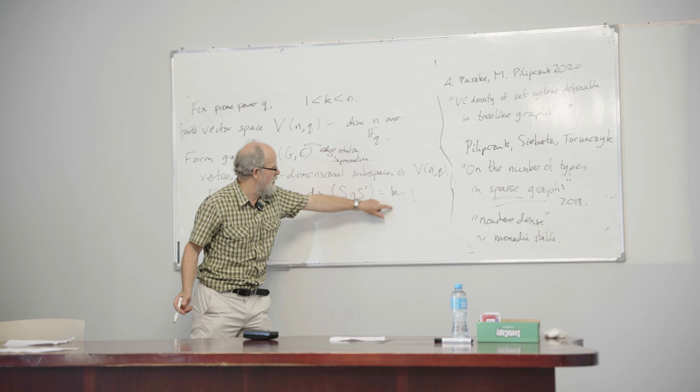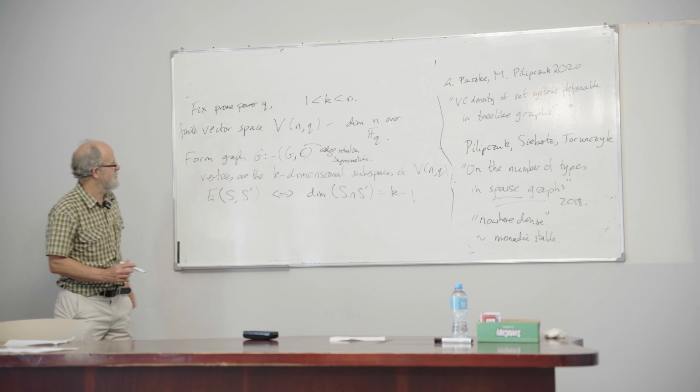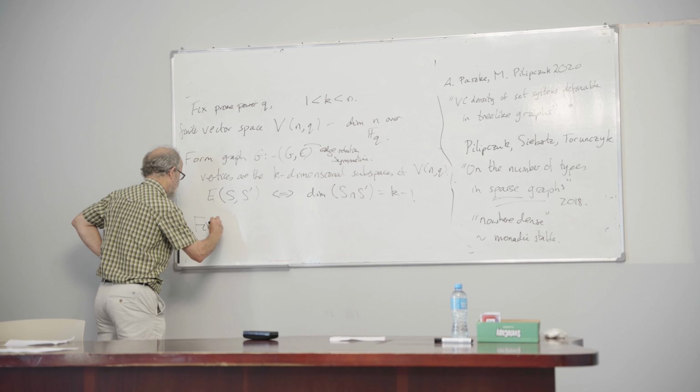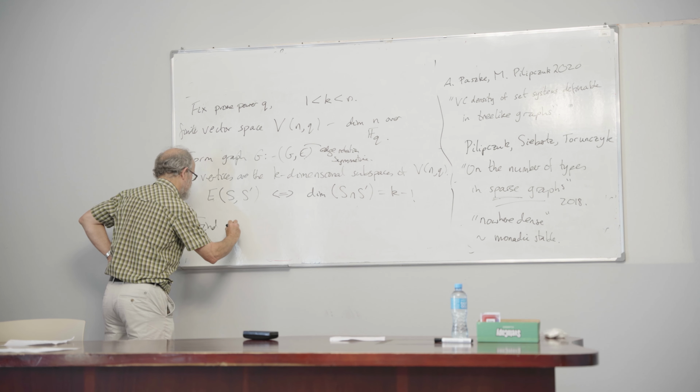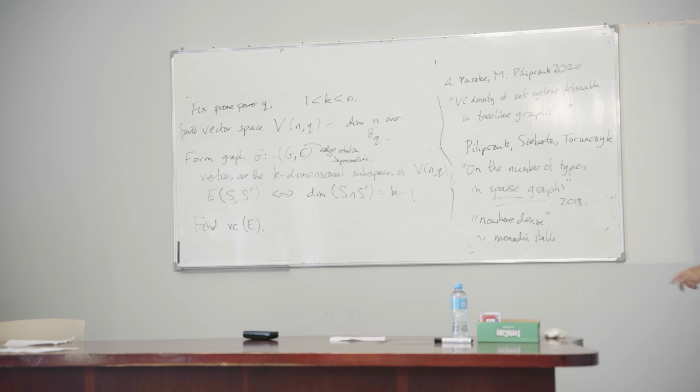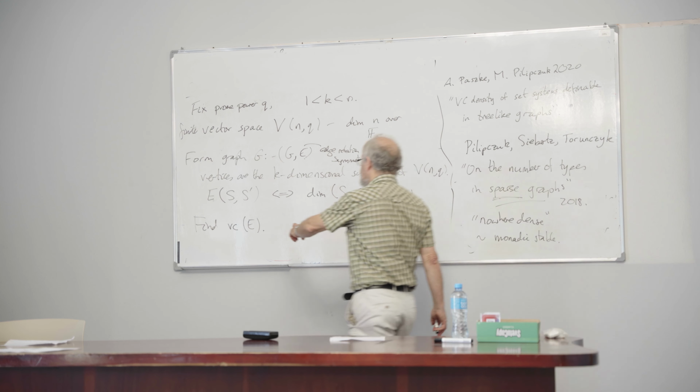But it could be k minus 1. So we'll form a graph like that. So my question is, find the VC density of E. So that's like neighborhood complexity for graphs of this form.